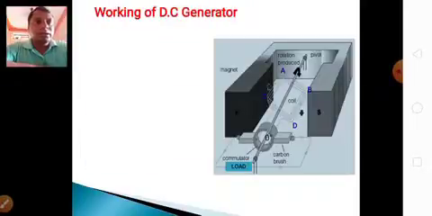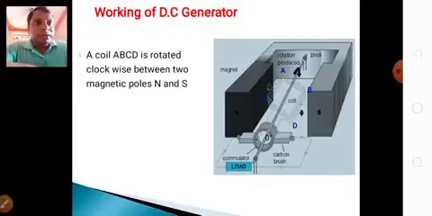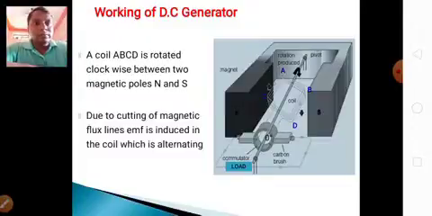And here it is the coil, the conductor and the magnetic field. Here the rectangular coil, already we have discussed in the simple loop generator. The same we are showing: the rectangular coil ABCD is rotated in clockwise direction between two magnetic poles. Due to cutting of the magnetic flux, the EMF is induced.